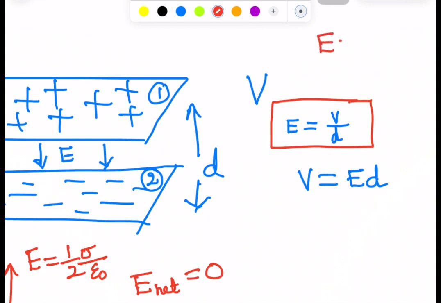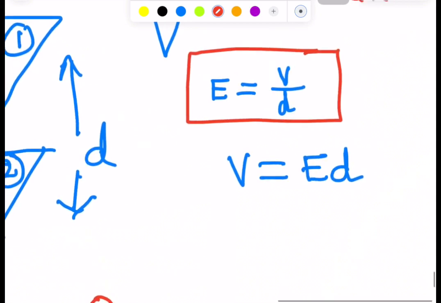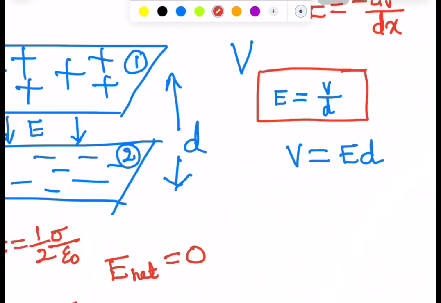Earlier we learned it in the form of minus dV by dx, where there is a small distance between the two plates with a potential difference of V volt. The minus sign indicates only the direction of dx and E. Now we are taking only the magnitude of these things. Therefore, E is equal to V by d. V is equal to E into d.